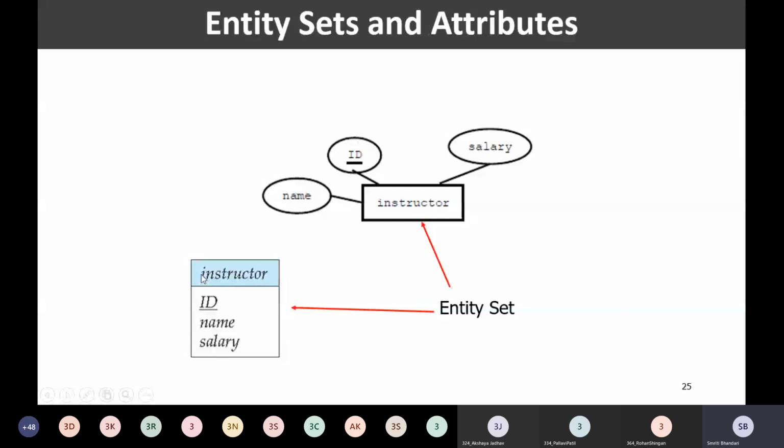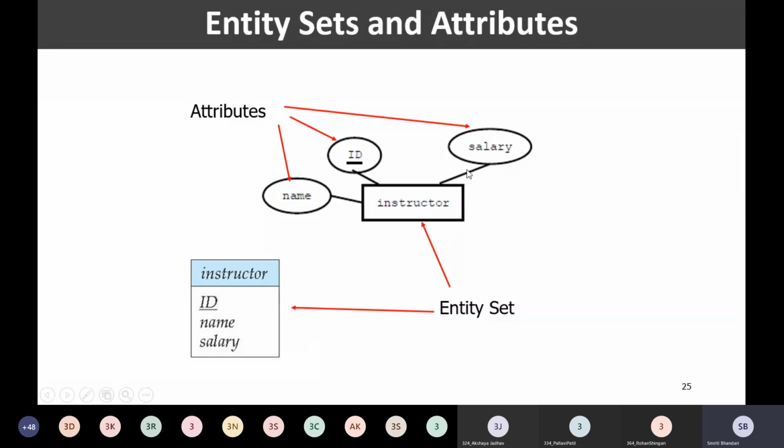In the upper part, we have mentioned the name of the entity set, and below we have listed the attributes belonging to that entity set. So both are valid notations, but we are making use of the rectangle along with the ellipses denoting the attributes. But this also is a valid notation for entity set.